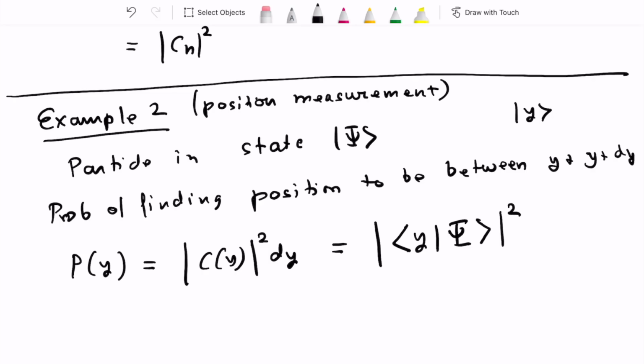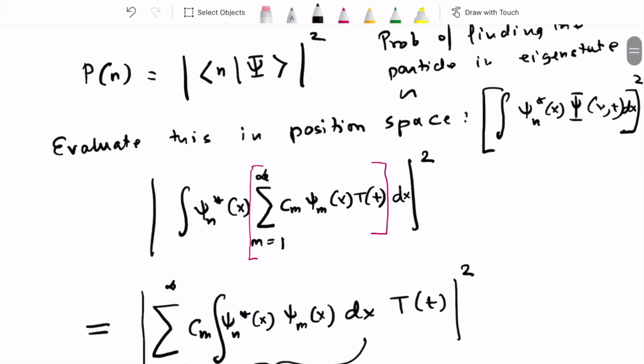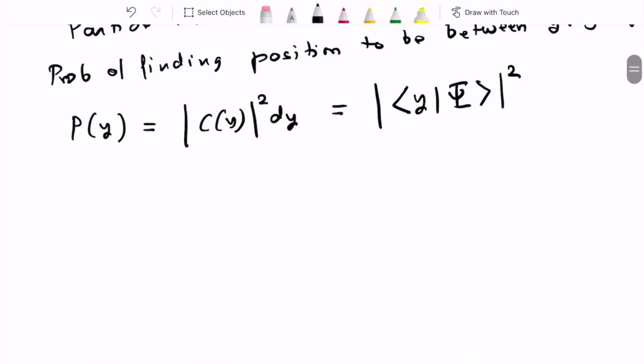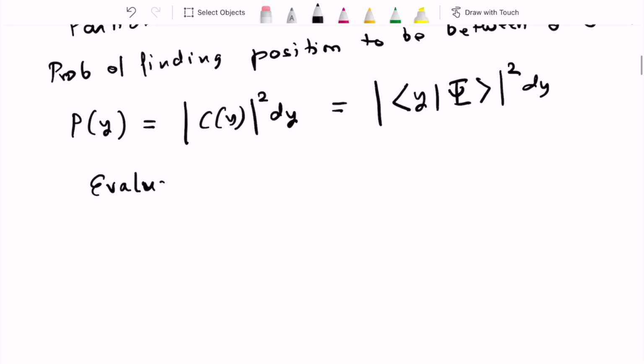So that's exactly what we did before over here. We took the scalar product of the eigenstate with the state in which the particle was before making the measurement. That's exactly what we are doing here. Now again, we will evaluate this product multiplied by dy. We will evaluate this in position space because that's the space that we are familiar with.